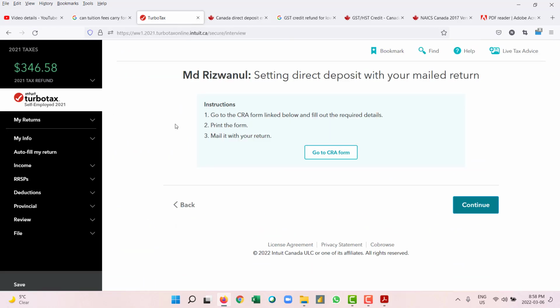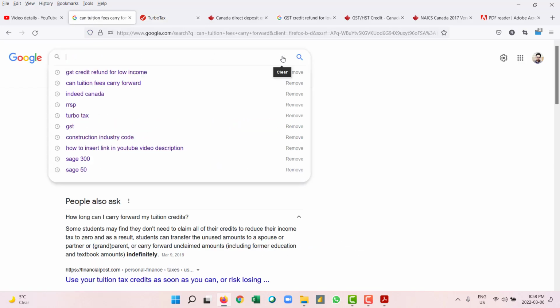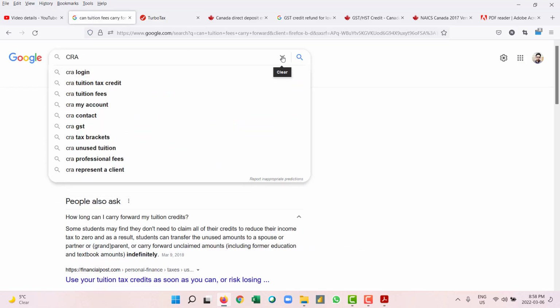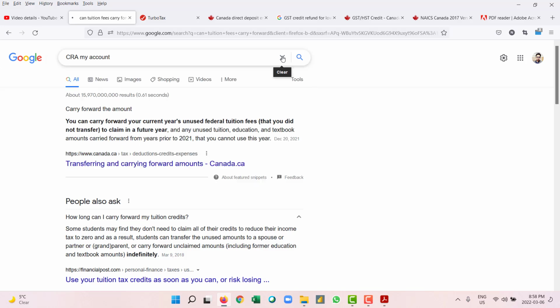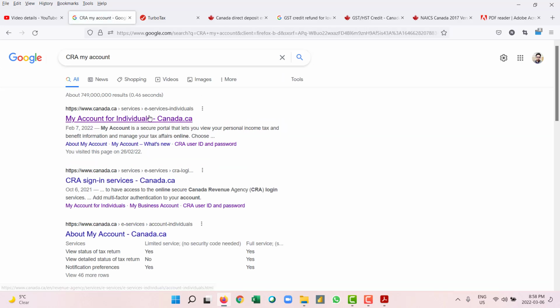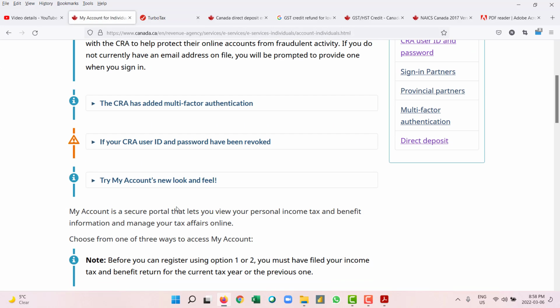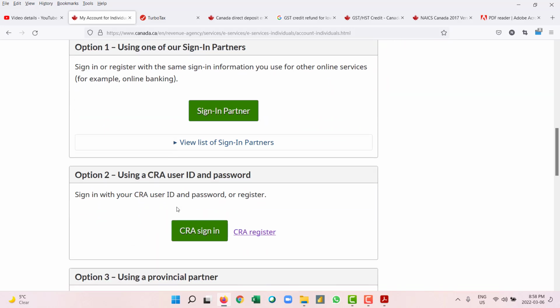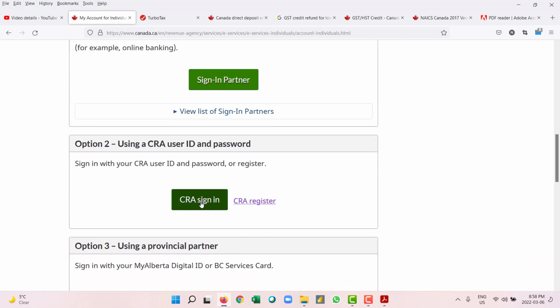You can also set up direct deposit with your mailed return. They will deposit $346.58 to your bank account, but you can also use the CRA website, CRA My Account. Here you can give your banking information, CRA sign in.